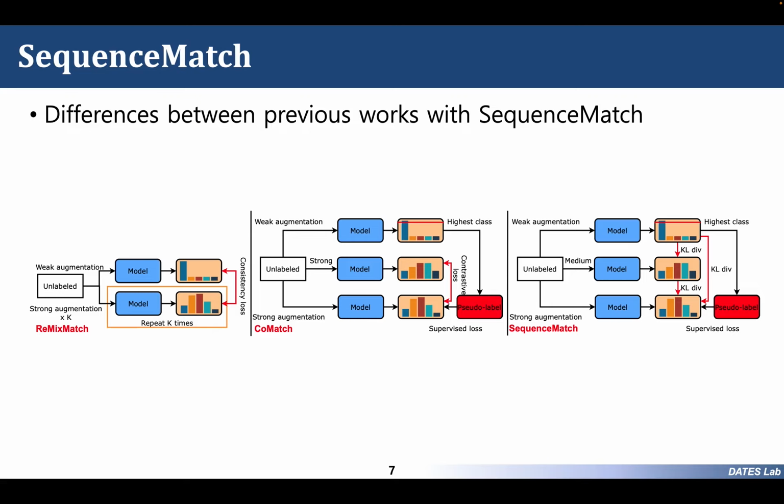This gives a high discrepancy between the predictions, as they will be very different. In contrast, we use the weak augmentation, medium augmentation, and strong augmentation, and enforce consistency between the predictions. So ours gives less overhead than previous methods.